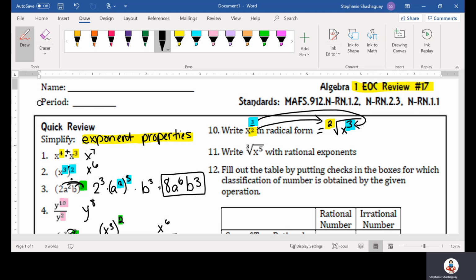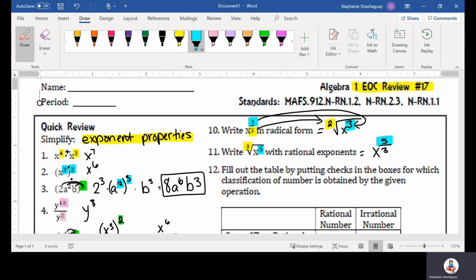So number 11 says write the third root of x to the 5th with rational exponents. So we're going to do the opposite. We're going to take that 5 and that 3 and write it in rational exponent form. So we're going to have x to the 5 over 3.